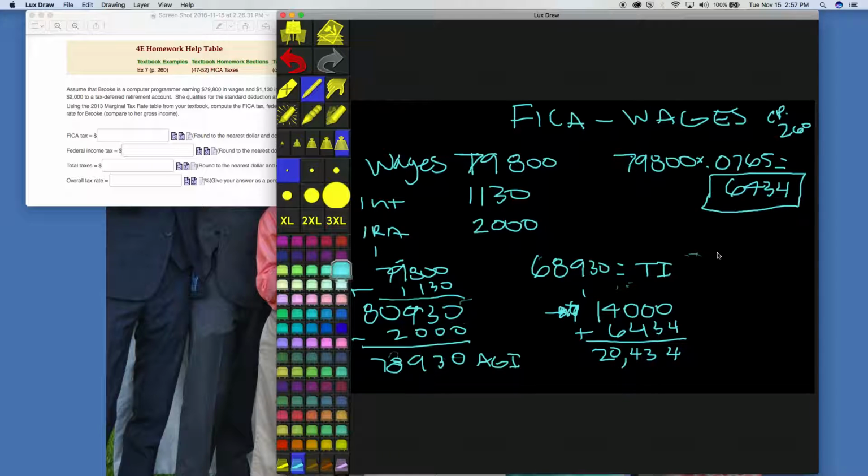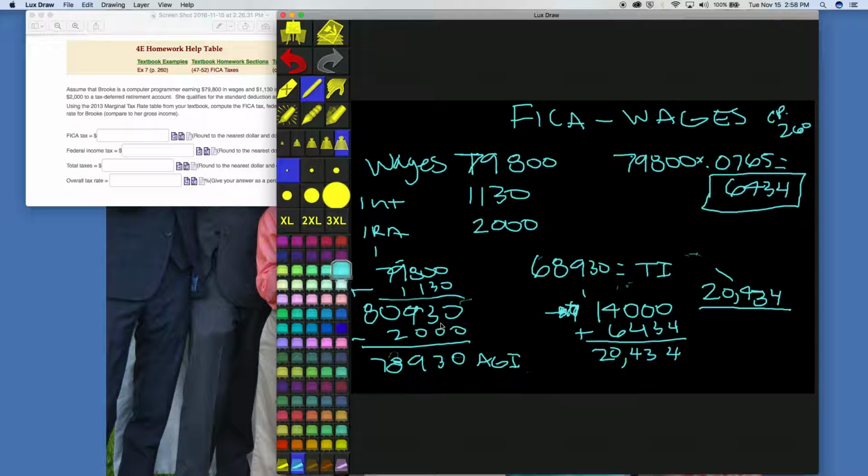Then I'm going to get my overall tax rate. That's the fourth answer. My overall tax rate is going to be my total taxes, so my FICA plus the taxes that I got from the tax table, divided by my gross income.